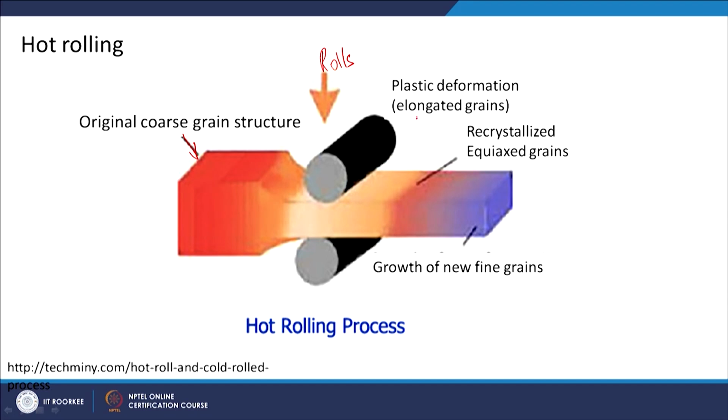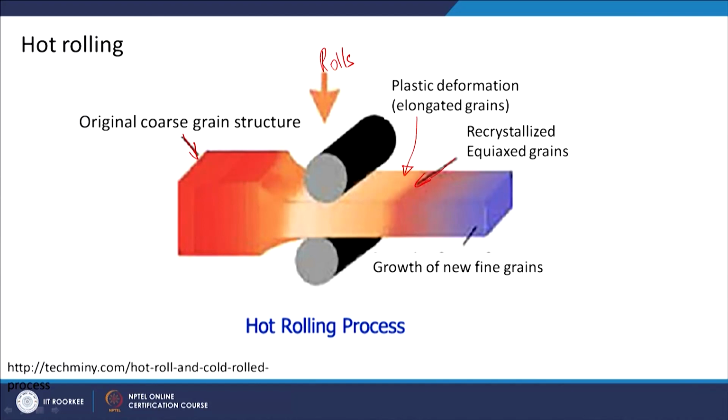Initially, after plastic deformation, these will be elongated grains. Then, if the strain is sufficient and the temperature is sufficient, you may have a recrystallization process in the material at that temperature, and then after recrystallization there will be growth of new fine grains.